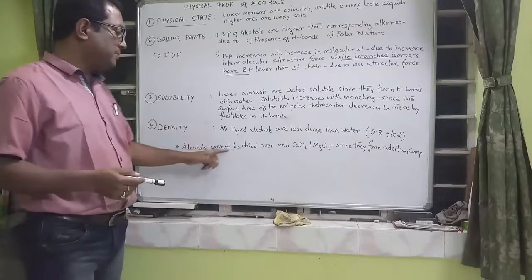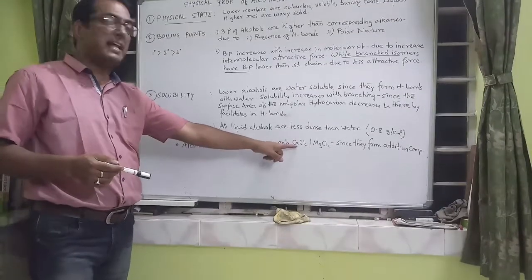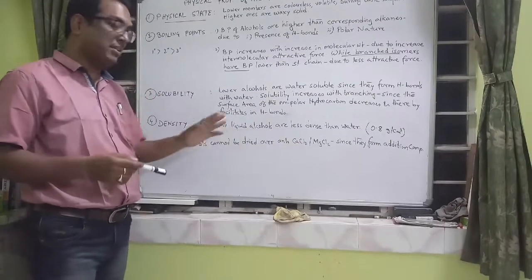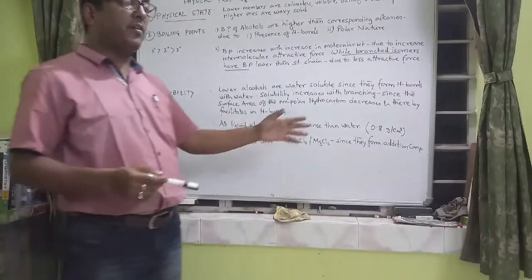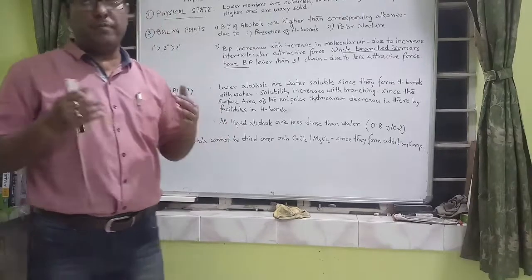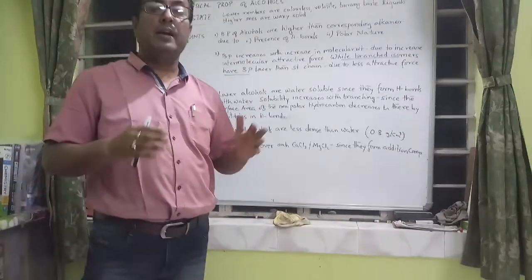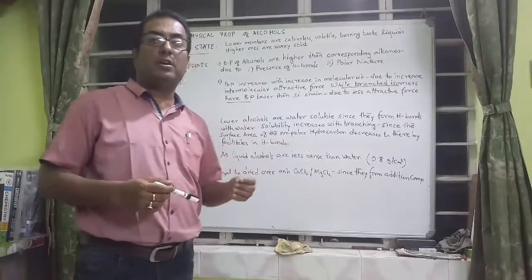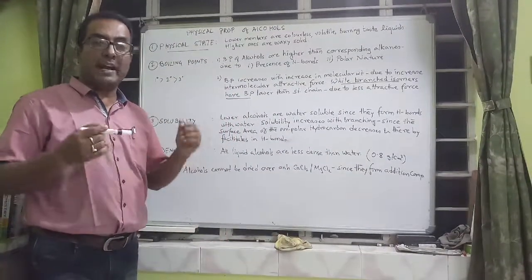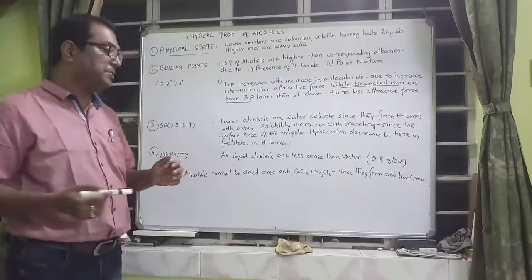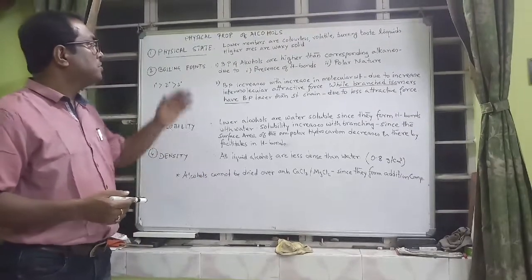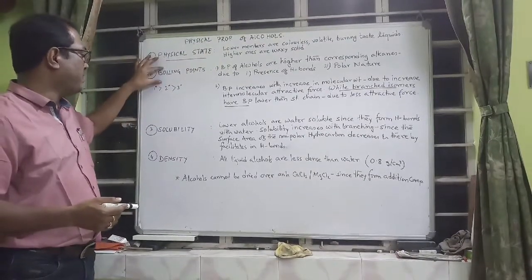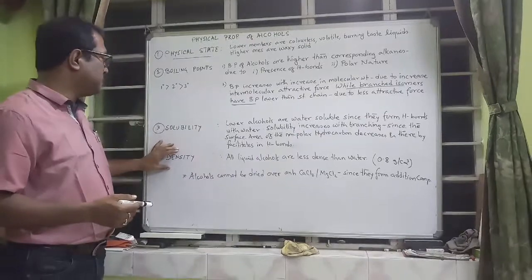Alcohols cannot be dried over anhydrous calcium chloride or anhydrous magnesium chloride, because they form an addition compound. So we usually go for either distillation or fractional distillation of alcohol so that we get around 98 to 99% purity. So those are the physical properties of alcohol: the physical state, the boiling points, the solubility, and the density.